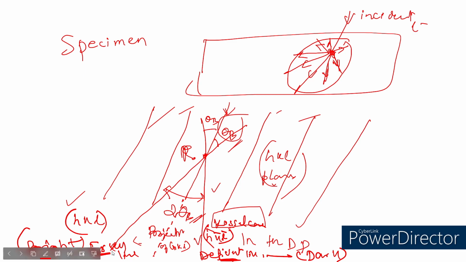So this beam gives the excess line, and the other gives the deficit of the diffracted beams. The excess line is called bright and the deficit line is called dark.